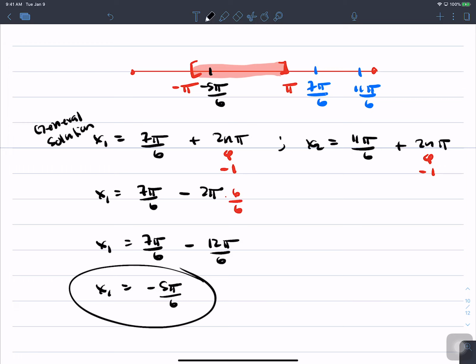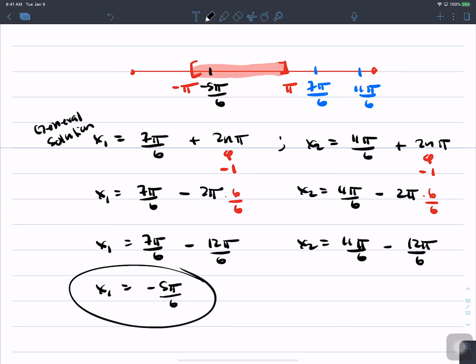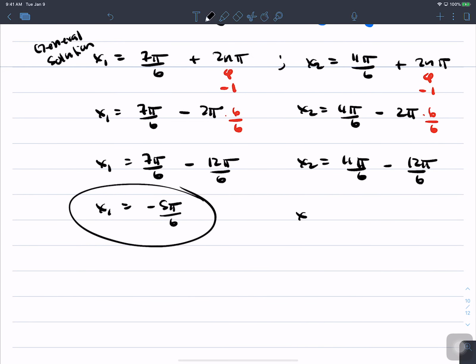Similarly, the second solution will be 11 pi over 6 minus 2 pi, which is 11 pi over 6 minus 12 pi over 6, which is -pi over 6.